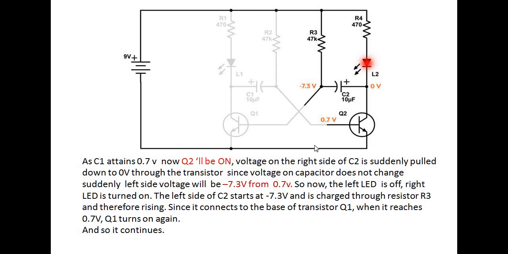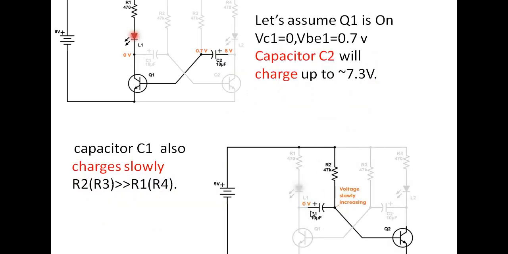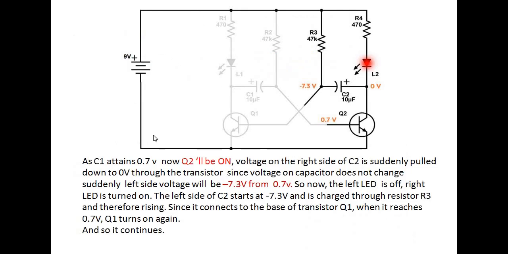Because this capacitor C1 is slowly charging, it has the chance to charge up to 0.7 volts. So when and only when this capacitor is charged to 0.7 volts, the same 0.7 volts is given to the base of Q2. Now Q2 will be on.